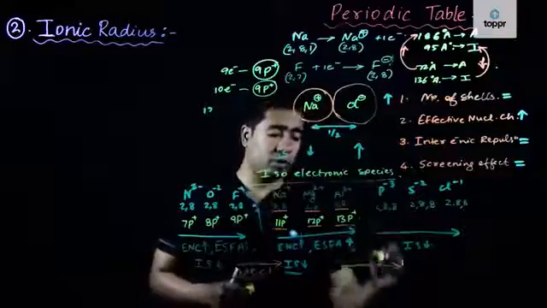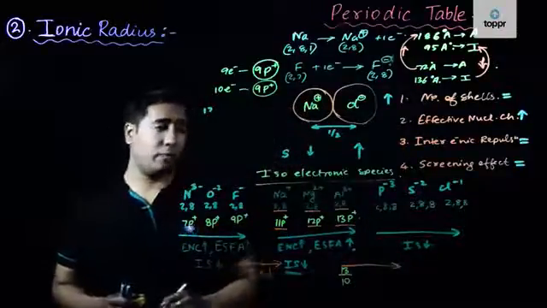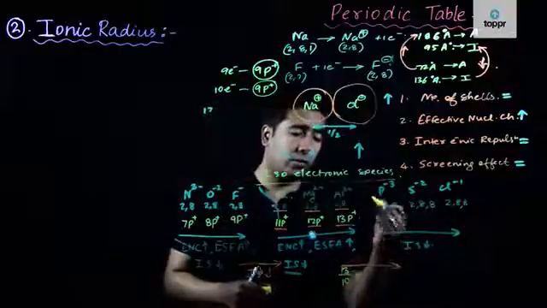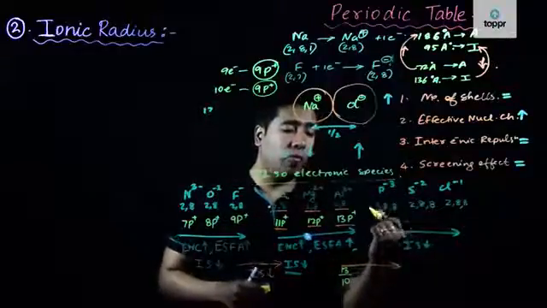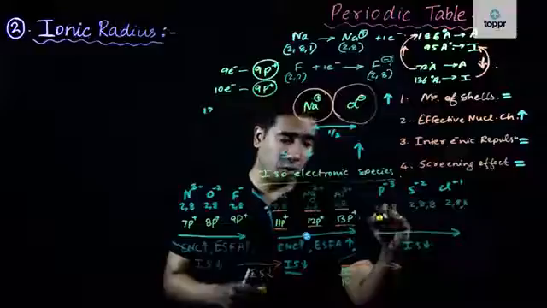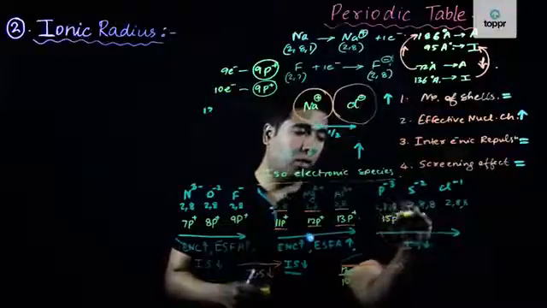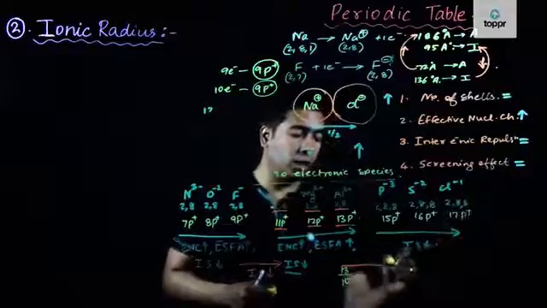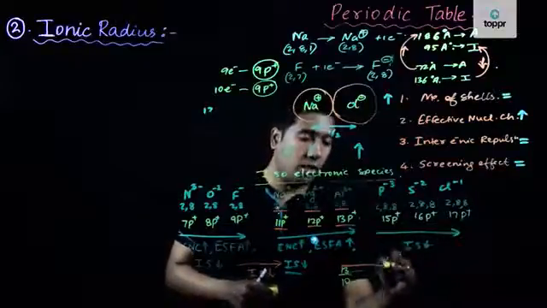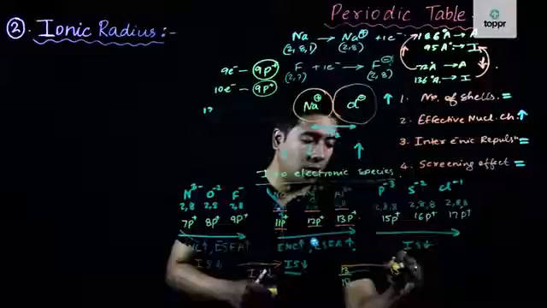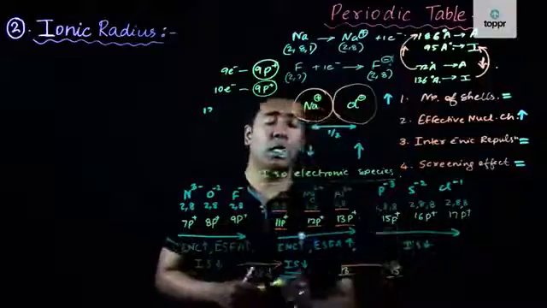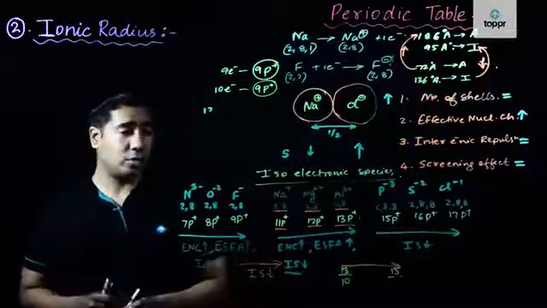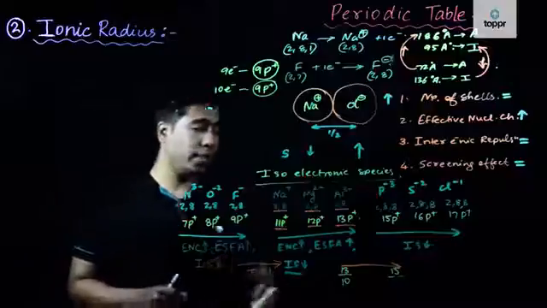In the case of phosphorus, if we look at the effective nuclear charge, the amount of positively charged protons is equal to 15. However, the number of electrons here, as you can see, is equal to 18.